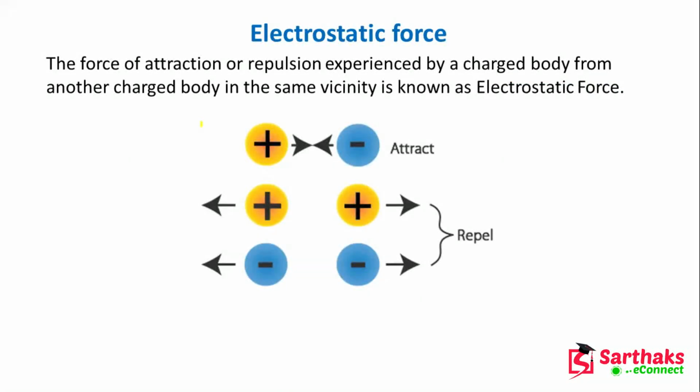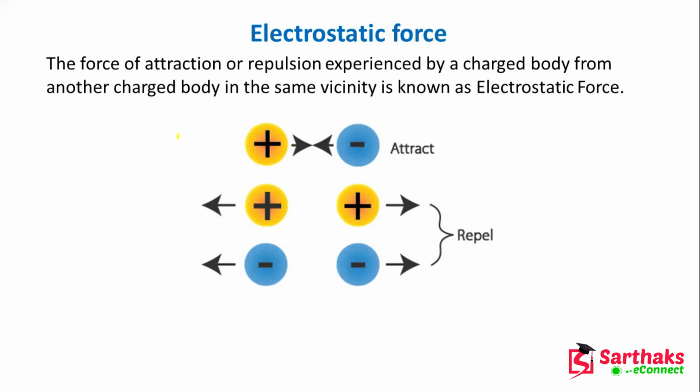Now the electrostatic charge. The force of attraction or repulsion, already we have told that there is a source of attraction or repulsion between two types of charge. Now what are the two types?